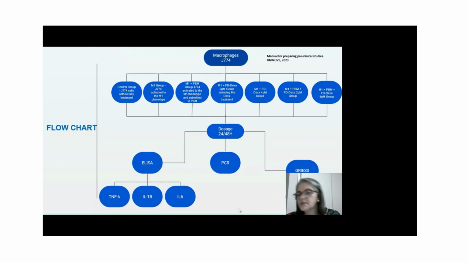The experiments will be performed in triplicate and the data will undergo statistical analysis.